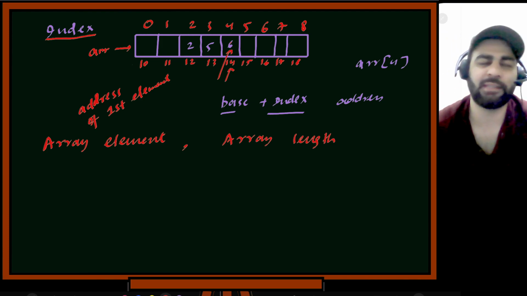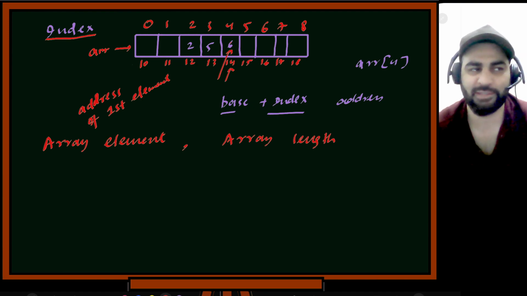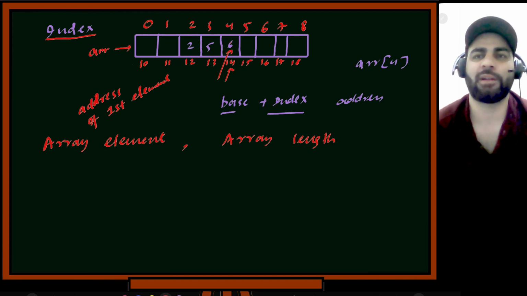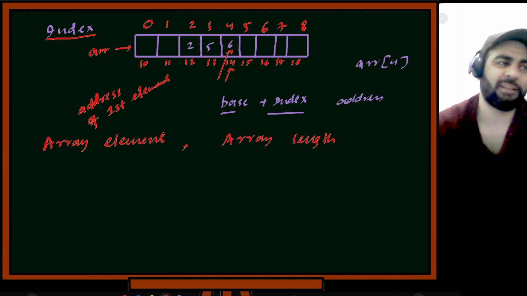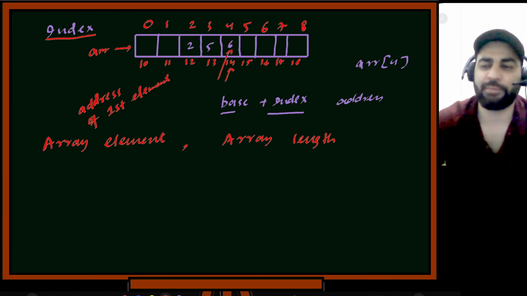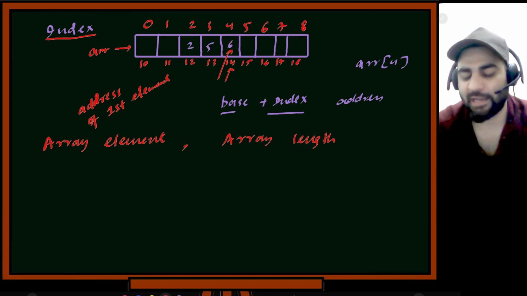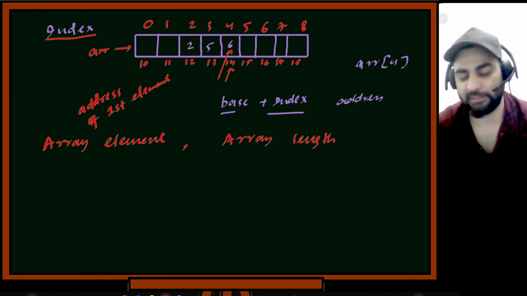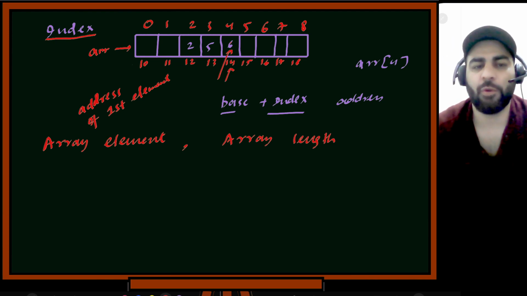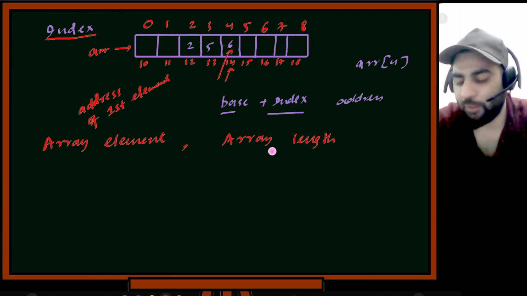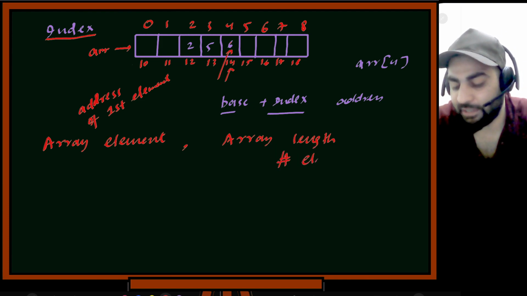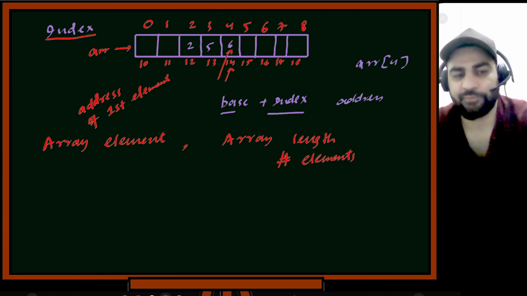The reason is a design choice, the design philosophy of the language, ease of programming. We don't want to burden the programmers with defining the size, so it made it abstract. But if you ask me what an array is, an array is of fixed length. So array length means the number of elements that we can have in an array.